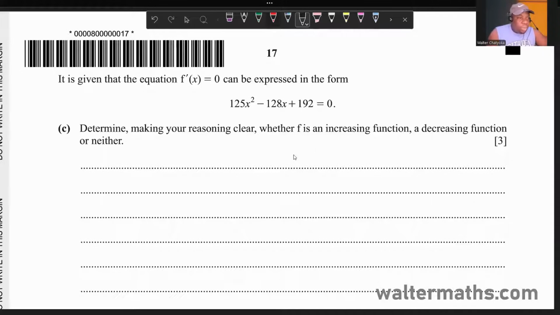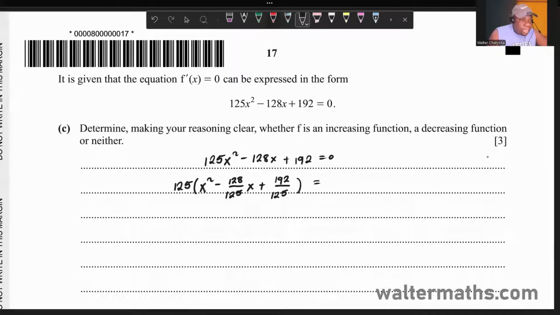All right, so here we are going to take 125x squared minus 128x plus 192 being equal to 0, and we're going to complete the square. So that's going to be 125 of x squared minus 128 over 125 of x plus 192 over 125, and that's equal to 0.